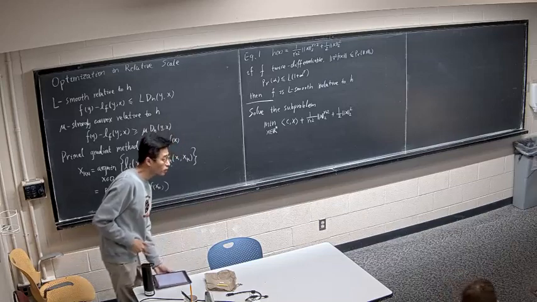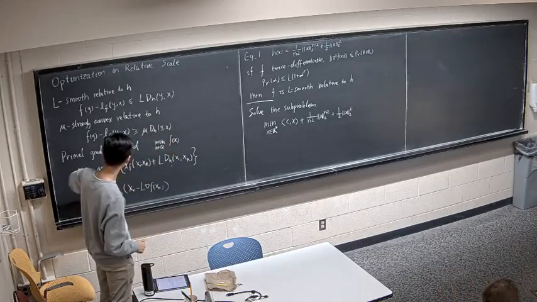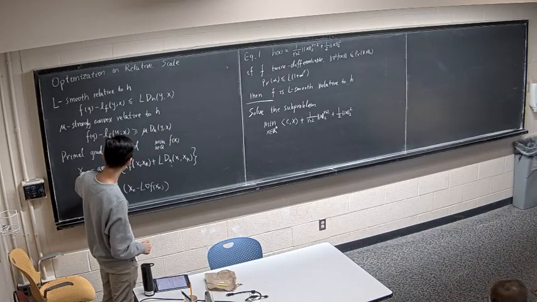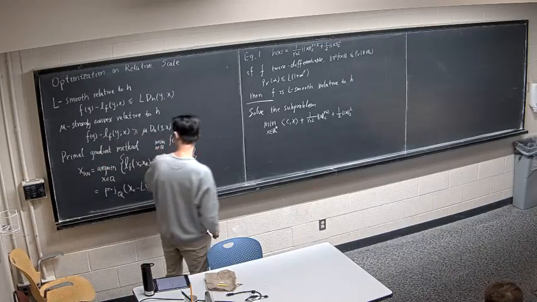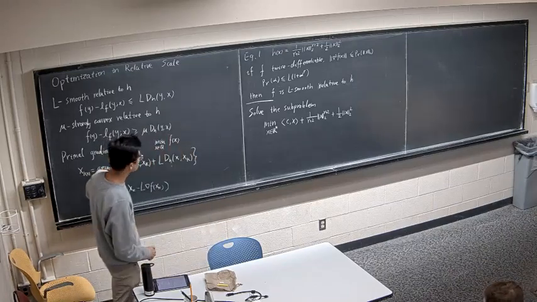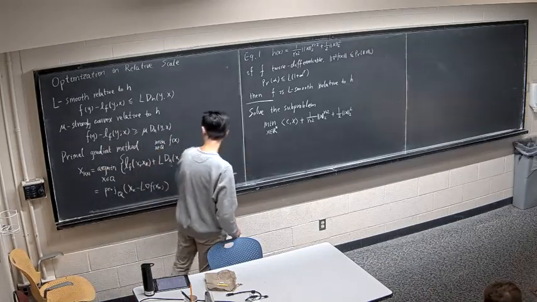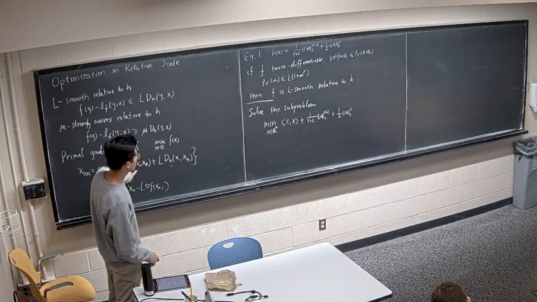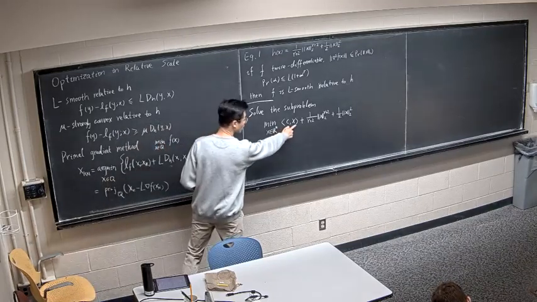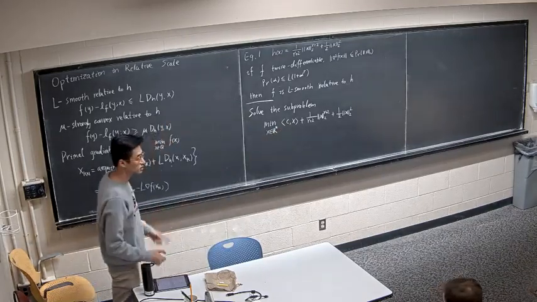To solve this one, we can always solve the unconstrained one, changing this to x belongs to R^n, and then we can do the projection. So it boils down to solving this problem. We can abstract the linear term in x as the inner product of c and x, and ignore the constant term.